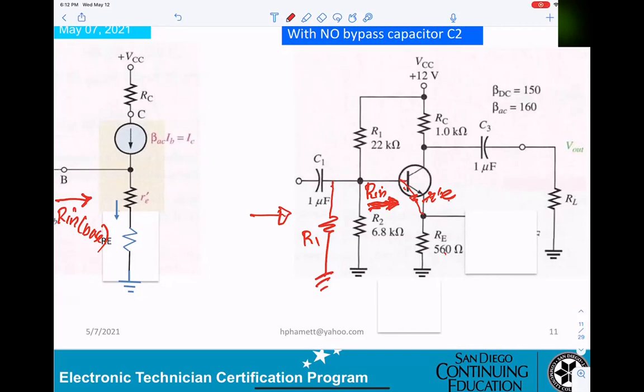The only thing would be beta AC, but right now I'm just talking about basically how many resistance you can see when you look into the base. I can see two. I think that's it because we don't have the capacitor here.